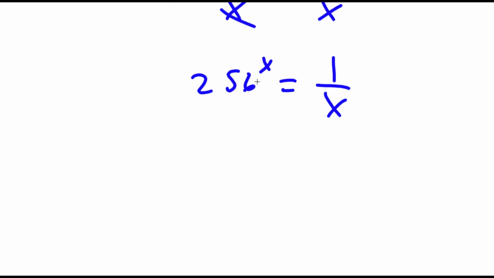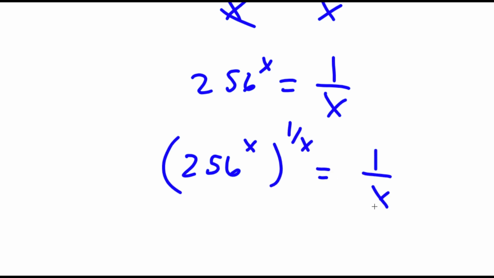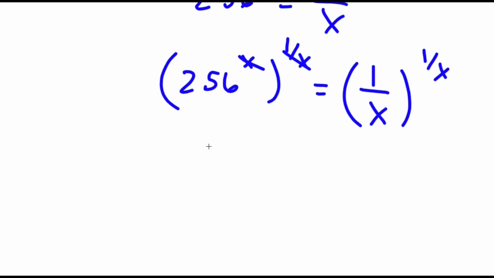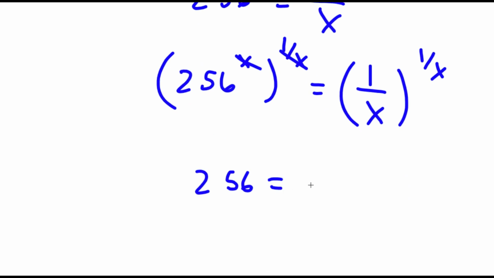And now I can go ahead and take the power of 1 over x on both sides. So now I have (256^x)^(1/x) = (1/x)^(1/x). Now x and 1/x, these two cancel out. So now I have 256 = (1/x)^(1/x).